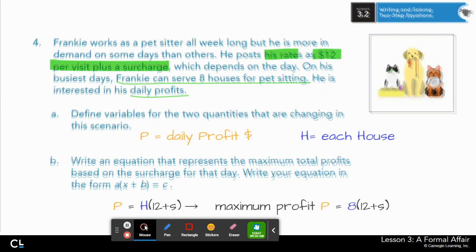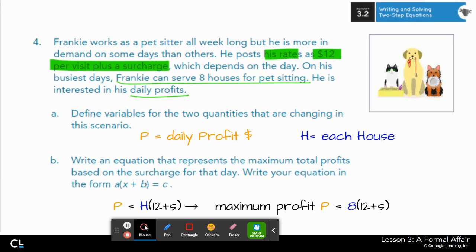Alrighty, moving on to question number 4. Go ahead and take a look at my notes. For A, the daily profit is in orange, P for profit, and H for each house is in blue because Frankie goes to the houses to then pet sit.